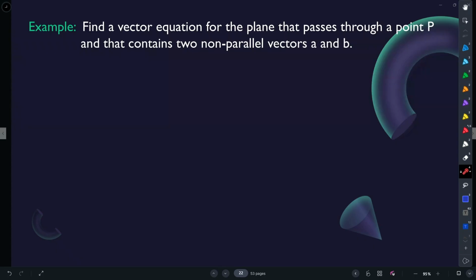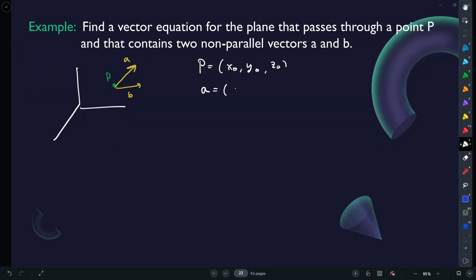I want a plane that passes through a point, P, and contains two vectors, a vector A and a vector B. Okay, I'm going to give myself names for all of these things. P is going to be x naught, y naught, z naught. A is going to be A1, A2, A3, and B is going to be B1, B2, B3.